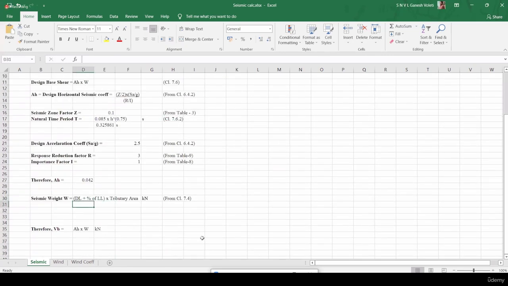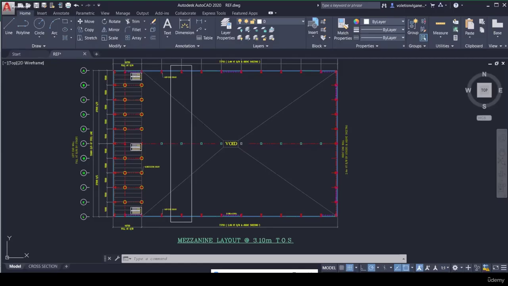In this calculation, we have to know another point. Generally, we need not take the entire live load, because I'll show you one clause here.